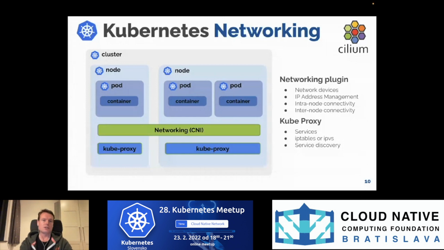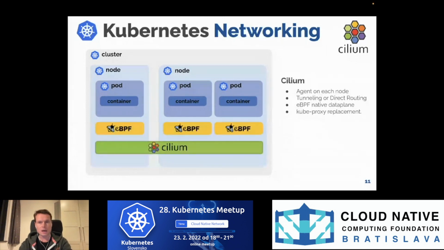What Cilium does in this sense is an eBPF-powered CNI, which runs as an agent on each node and, based on the settings you provide during installation, can do a number of things which are eBPF-powered, and that has a number of advantages in terms of scale and performance. So it's an eBPF native data plane and can provide a kube-proxy replacement, which is very beneficial for performance, as I will show you later.